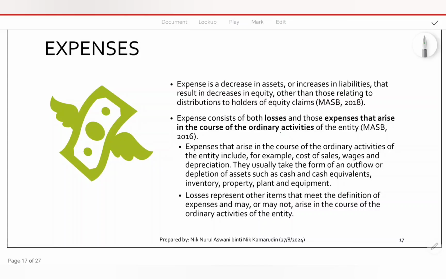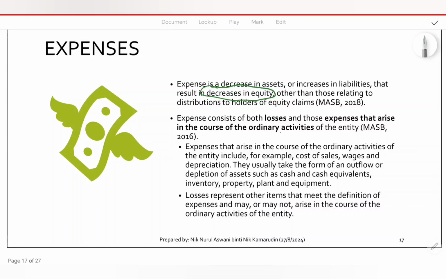Cash is an asset, so when we make the payment, the amount of cash will decrease. That explains the decrease in asset, and the utility bills will be recorded as an expense in the statement of profit or loss. Or an increase in liabilities that result in a decrease in equity. So expense results in a decrease in equity, compared to revenue, which results in an increase in equity.